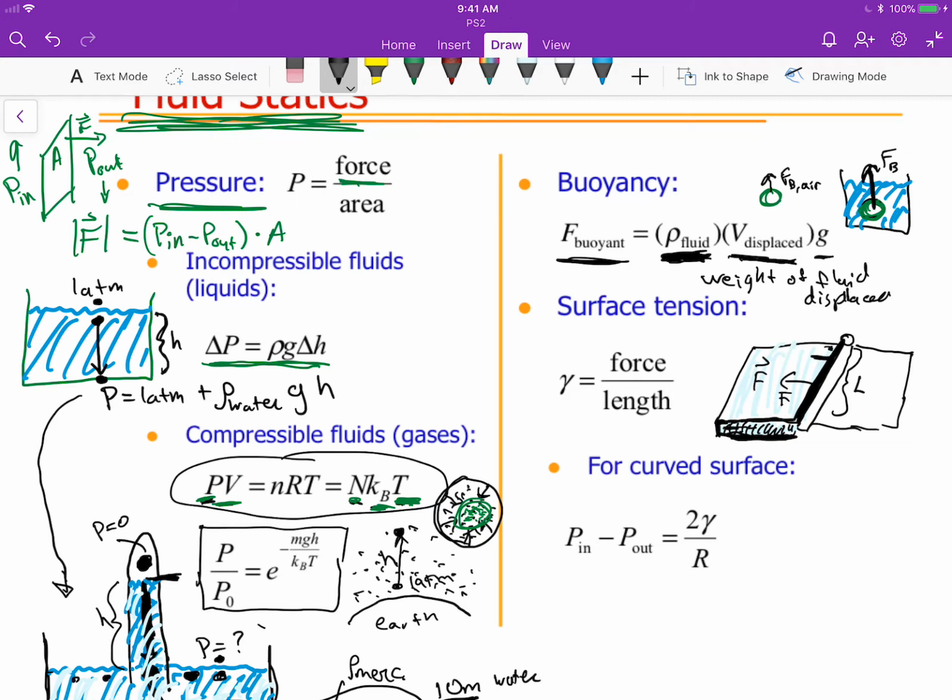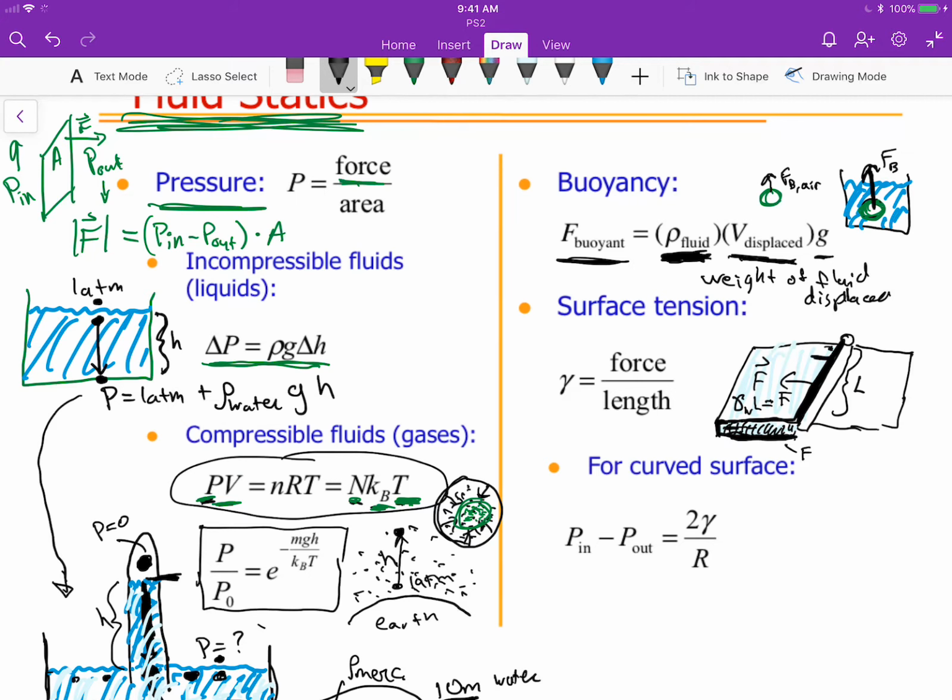And so the force that we're going to get from the top surface is equal to gamma, and that gamma is specifically for this interface of water to air, so let's just call it gamma water, times that length L. And then on the bottom, we're going to have another force.